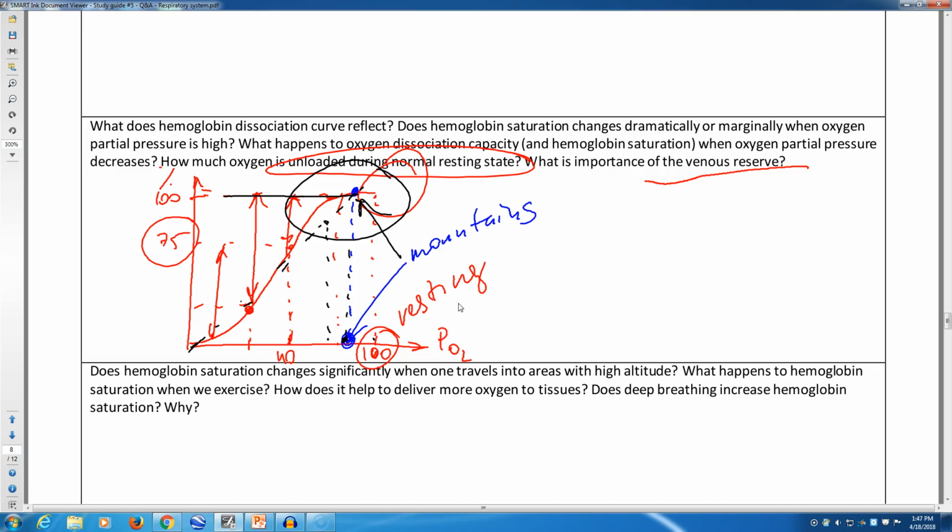What is the hemoglobin saturation level? Almost like 99.5. You cannot go above 100%. You cannot do 110% saturation, right? So that's it. It's already saturated. Bringing in more oxygen does not really help. Are we clear?